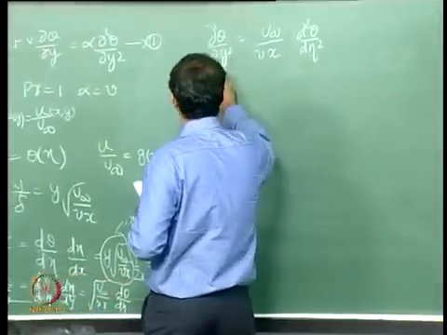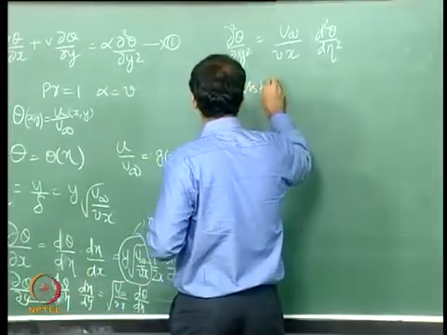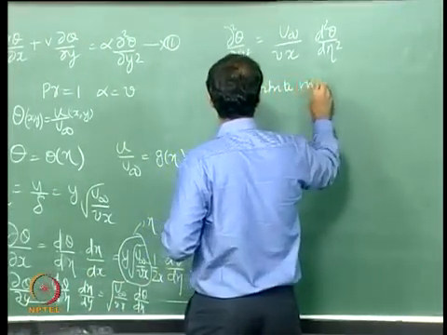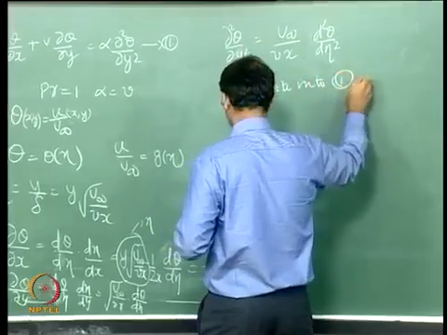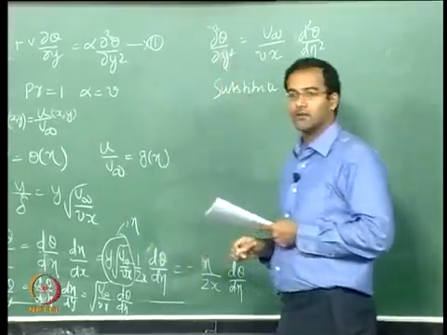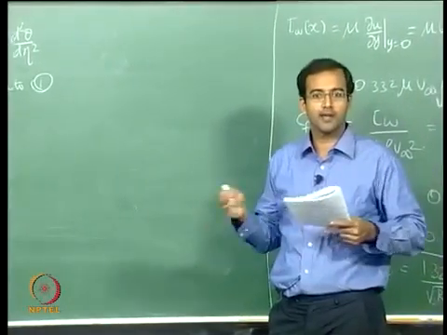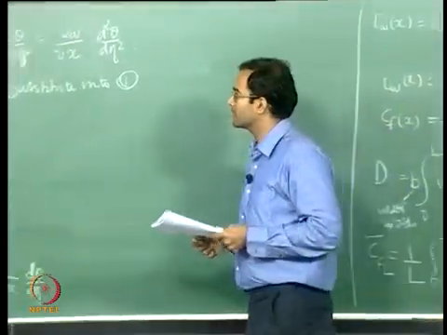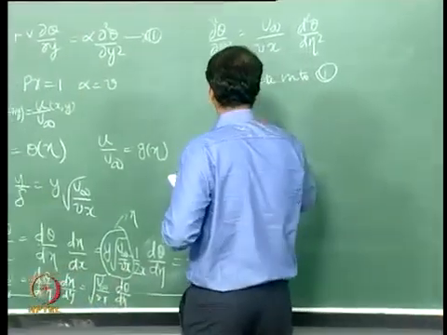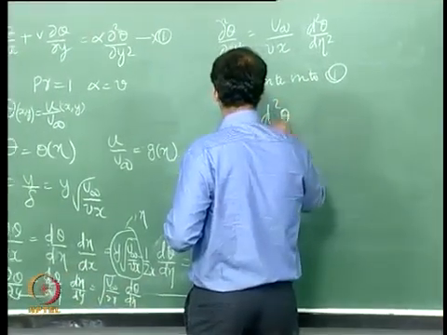If you substitute all of this into 1, I am not going to once again do the substitution and make a nice form of this, but finally you get a neat expression which is actually an ODE.